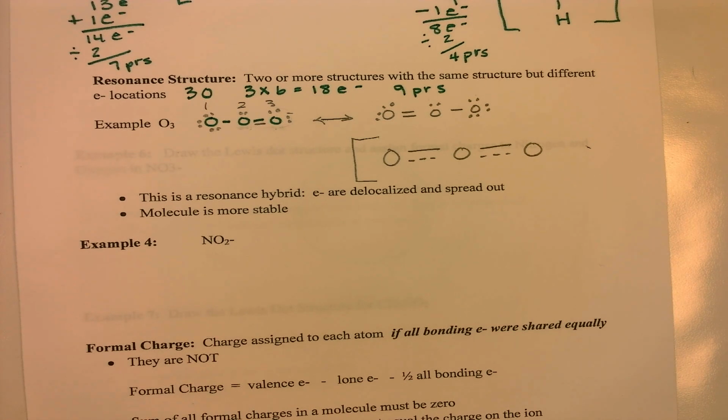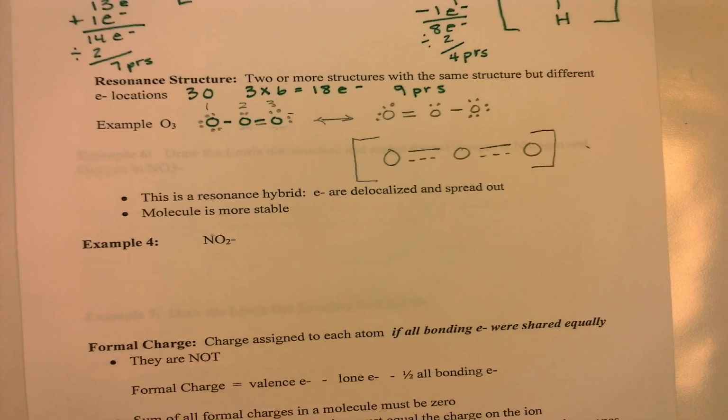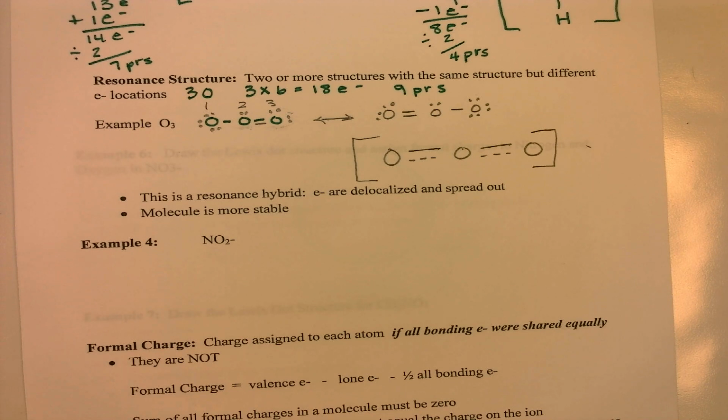Now, how does this show up on the test? It shows up in a couple different ways. One, they could ask you for the hybrid structure. They literally could say, show the resonance hybrid structure. 2, they could say, show one of the resonance structures.